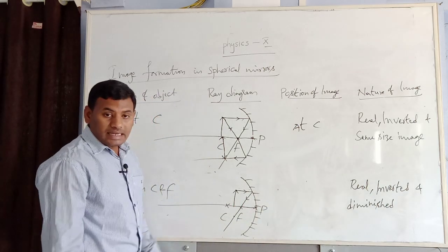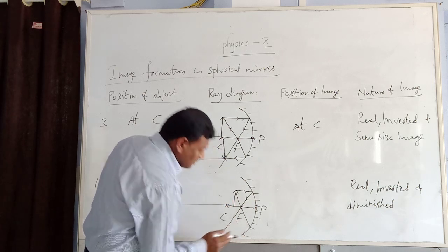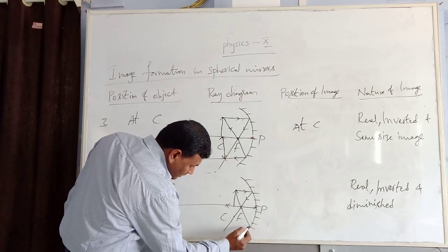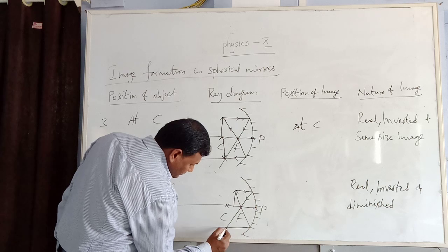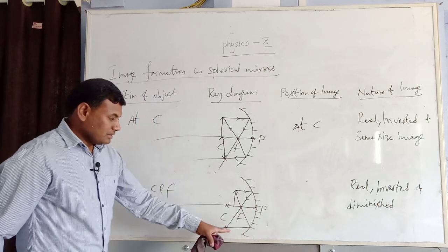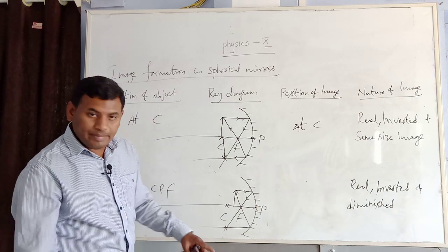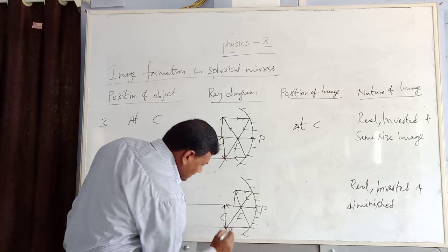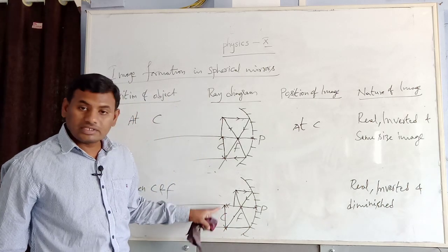Now we will consider another ray that is passing through the principal focus. When the ray passes through the principal focus, after reflection, it passes parallel to the principal axis. So the reflected rays intersect at a point such that the image is formed beyond C. So this is the size of the image, and this is the position of the image.